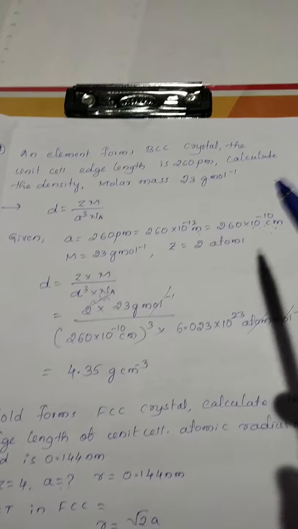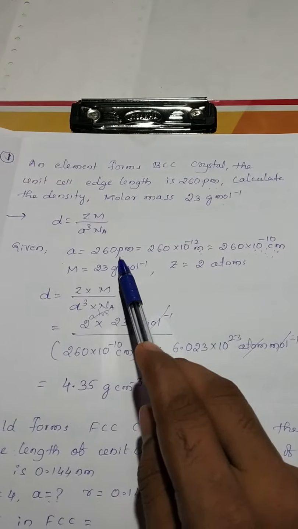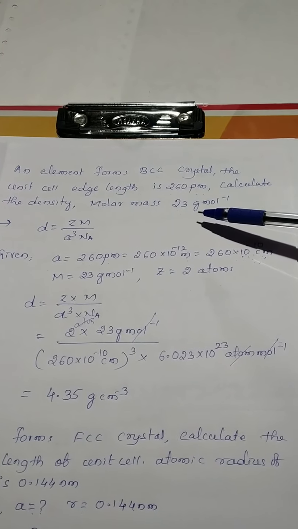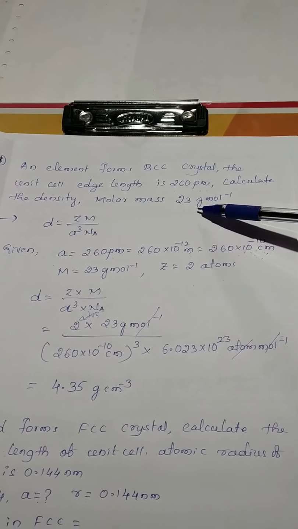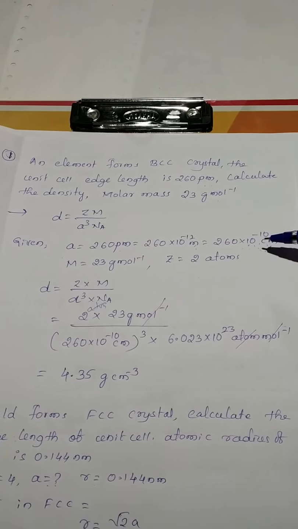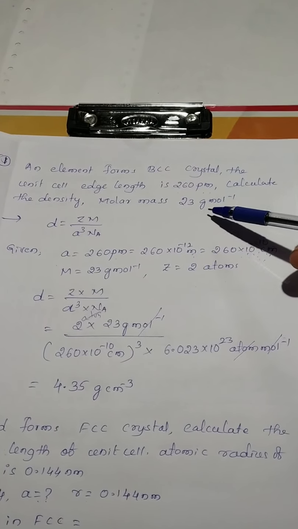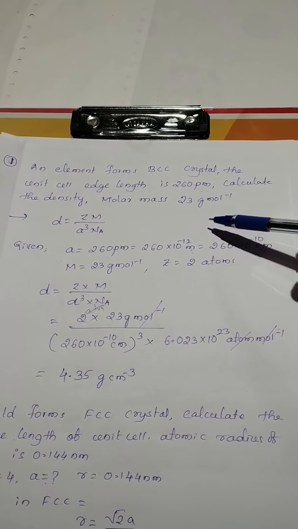See here, I have converted picometer into centimeter. Why? Because the mass is given in grams, so we have to convert length into centimeter only. This is the CGS system.